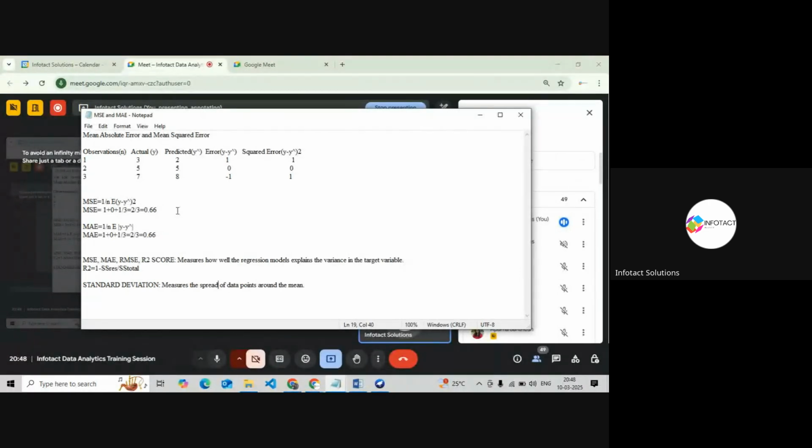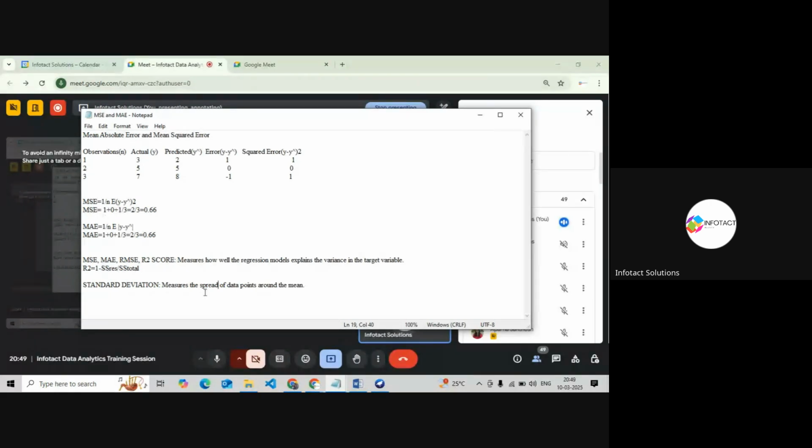Standard deviation measures the dispersion, the spread of data points around the mean of the data. Getting it? The formula can be represented as sigma equal to the square root of the sum of x i minus x dash square upon n.